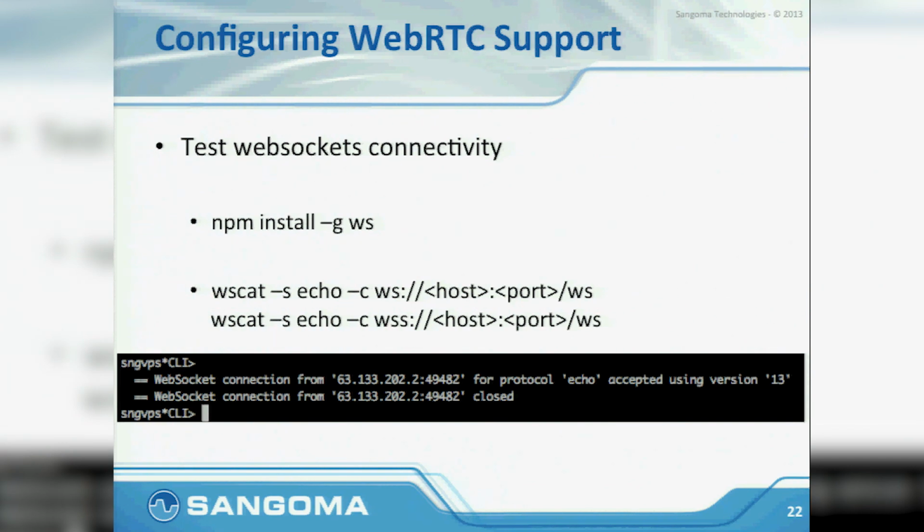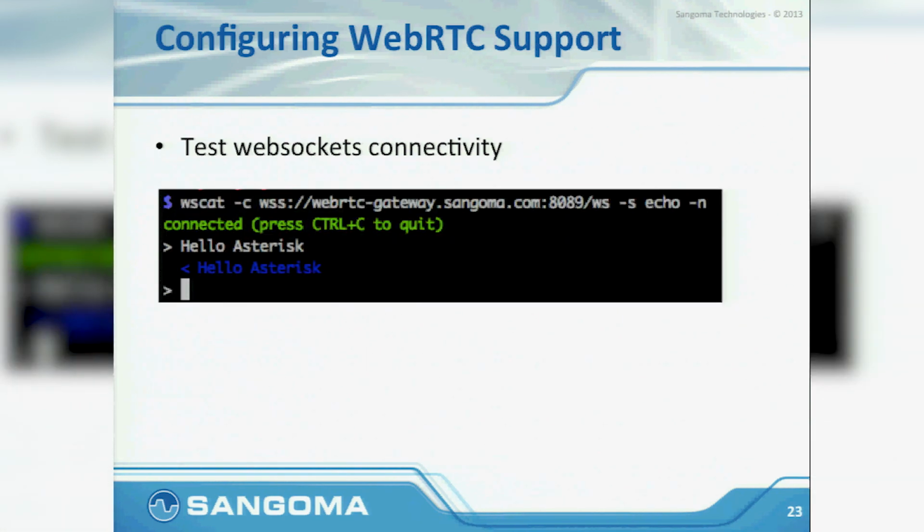So you can first verify that you have the WebSocket layer working. You can just do this, and everything you type is going to be echoed back by Asterisk, right? Asterisk has a built-in echo protocol, if you can call it that, built on top of WebSockets to simply echo back whatever you type. So now you have end-to-end communication between your computer and Asterisk using WebSockets.